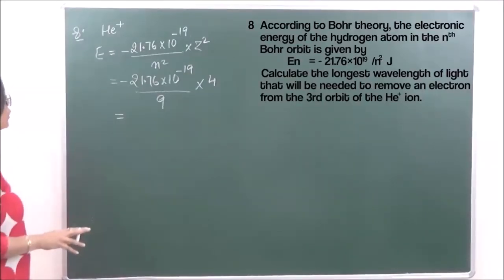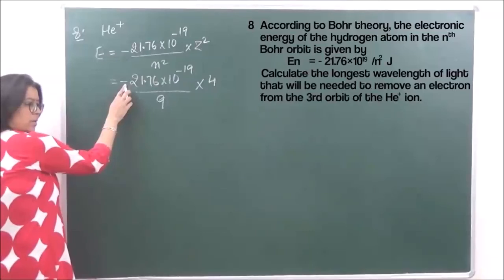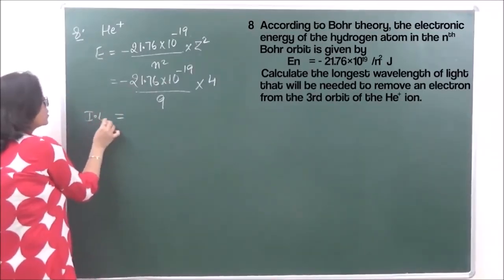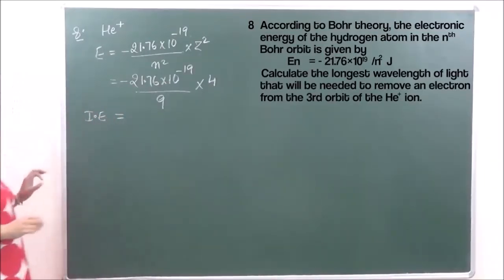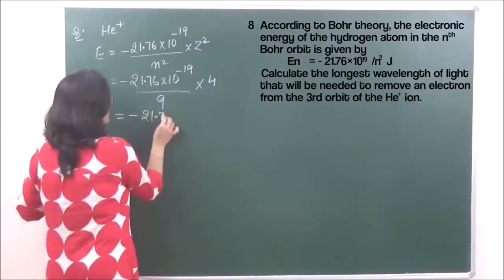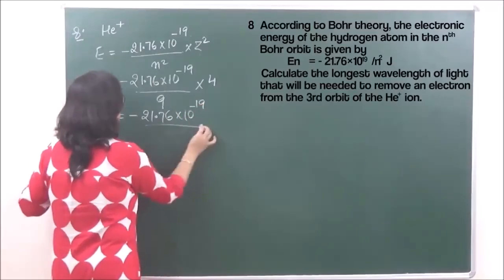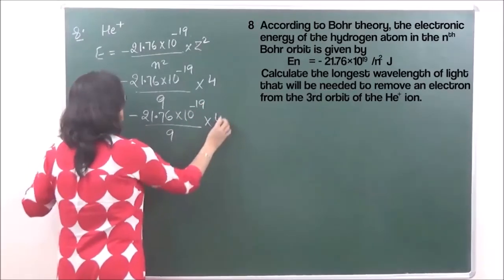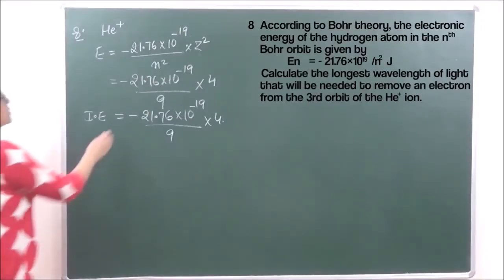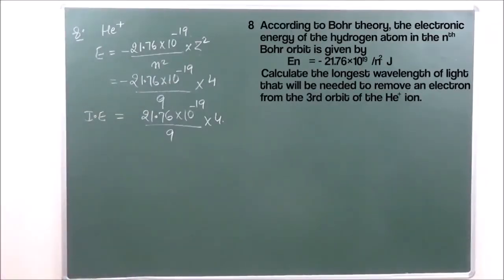Now when we are talking of ionization energy, then we will get a positive sign over here. That is the difference. So the ionization energy, or the energy required to remove the electron from this state, is going to be positive, 21.76 into 10 raised to power minus 19 into 4 upon 9.